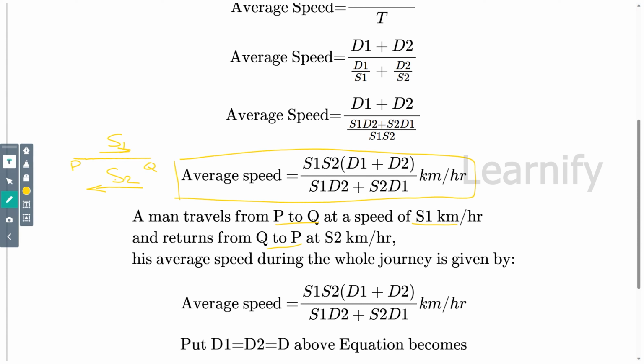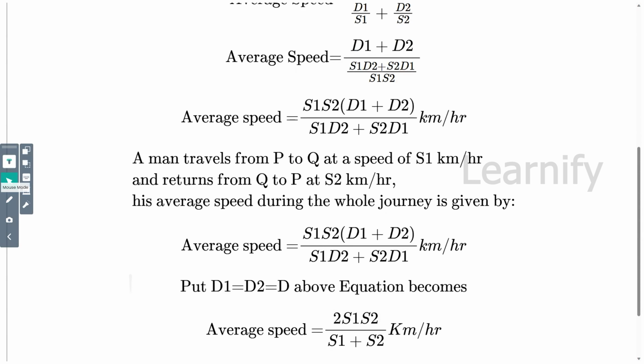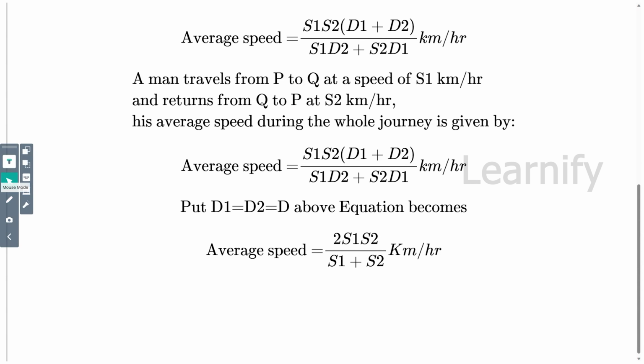The distance traveled from P to Q is D, and from Q to P is also D. So we put D1 equal to D2 in the formula.